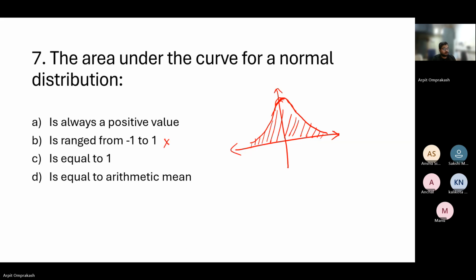And normal distribution comes in many shapes and forms, so the value is not exactly fixed. It is not equal to the arithmetic mean, which might vary according to where this distribution is placed. Right. So the answer here will be option A, which is the area is always a positive value.